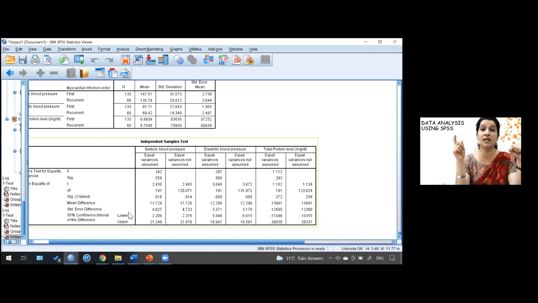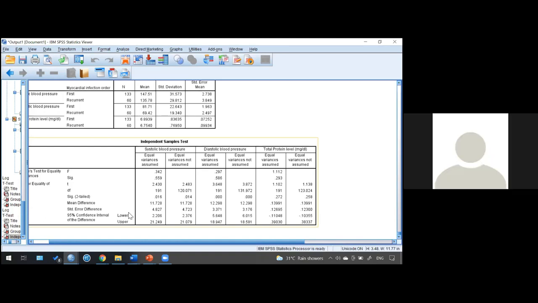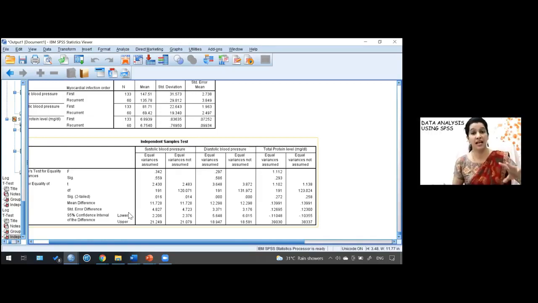Yes. We want our null hypothesis to be accepted because our null hypothesis is that the data is normally distributed, and that the variance is same. So that's why I want my null hypothesis to be accepted, whereas in case of other statistics, I want my alternate hypothesis to be accepted.